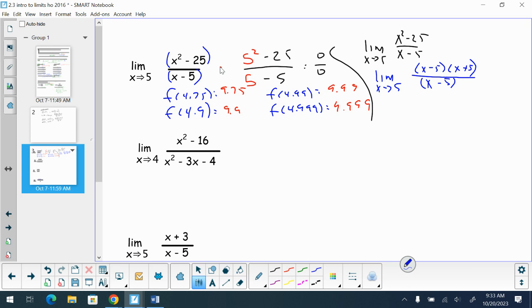Well, I have a common factor of x minus 5. They cancel out. So what this gets reduced down to within our limit is the limit as x approaches the value of 5 of x plus 5. Now if we plug it in, we get 5 plus 5, which gives us our 10.